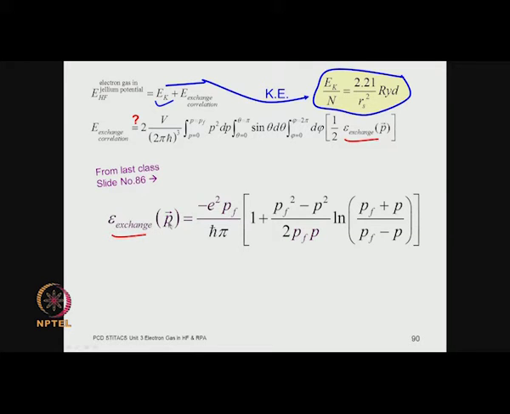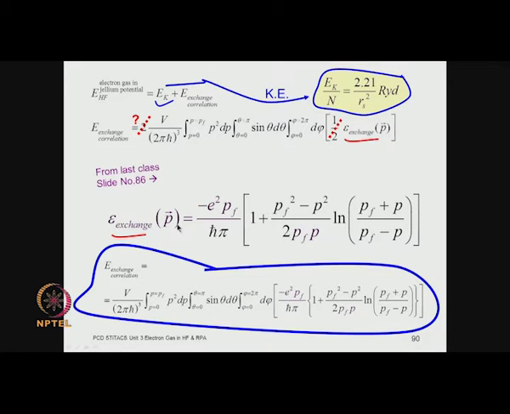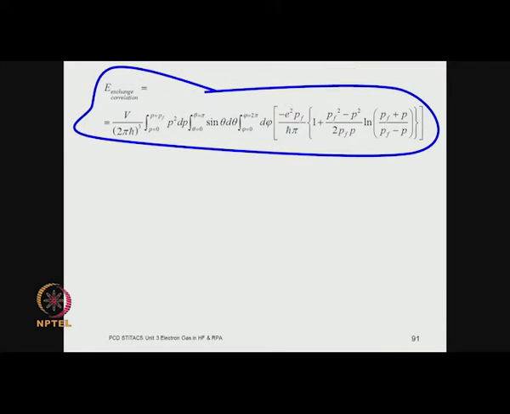Now, this is what we have to determine. This factor of half cancels the factor 2 here, and you have this integral to be evaluated over P, theta and phi in the reciprocal space, in the momentum space.